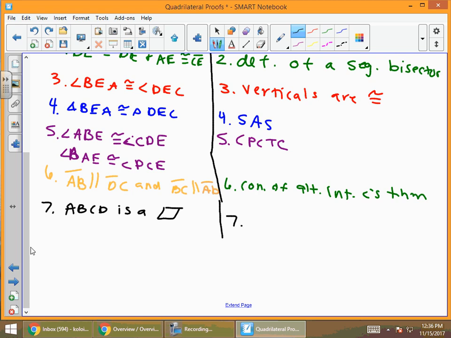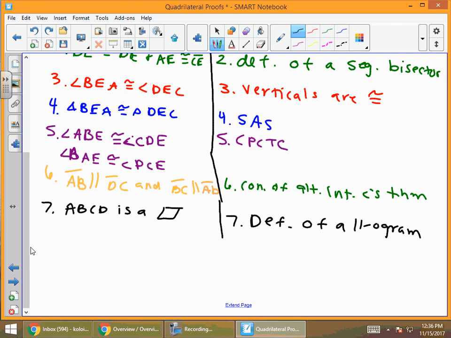And your reason is you can either say opposite sides of a parallelogram are parallel, or just say definition of parallelogram. That's fine.